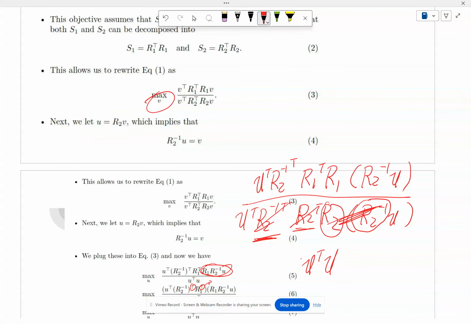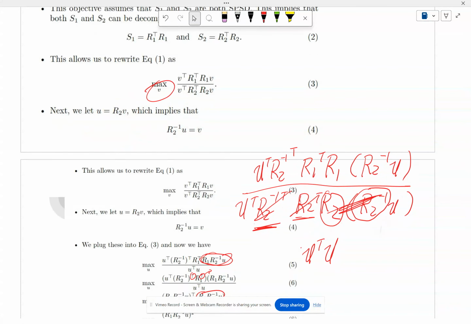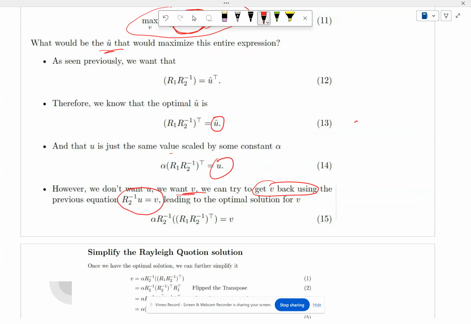So now let's see if we can get v back. So we don't want u, we want v. We can try to get the v back using the previous equation. So this was that equation that somehow connected v and u together. So now that we know what u is, let's plug u into here.